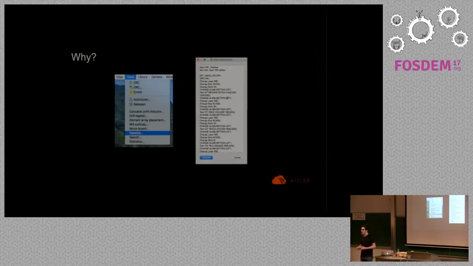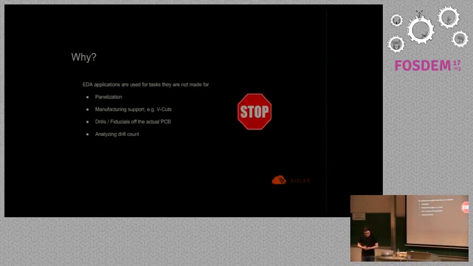But what I ask myself is, why are we doing this within the EDA CAD application? Because actually tasks like panelization are CAM tasks, because they are not about your project, they are about manufacturing of your project. So this is really a red stop sign for me.